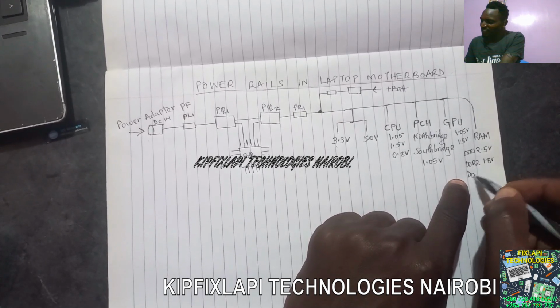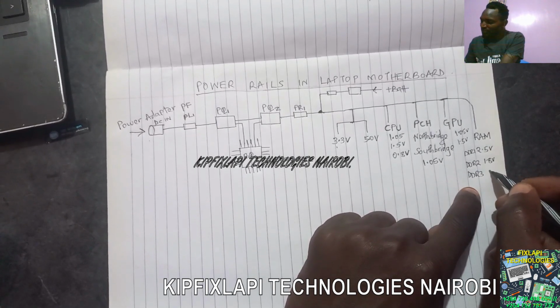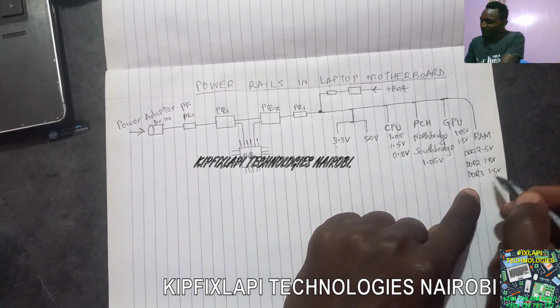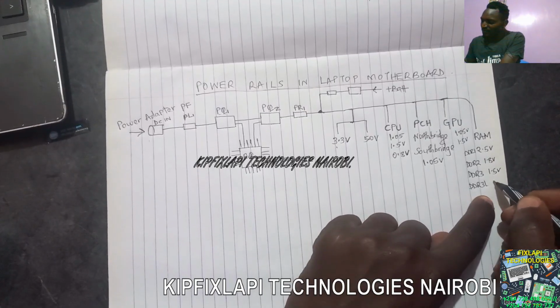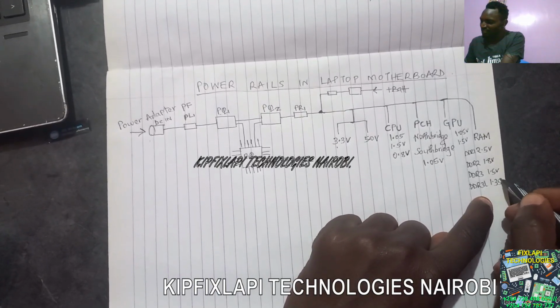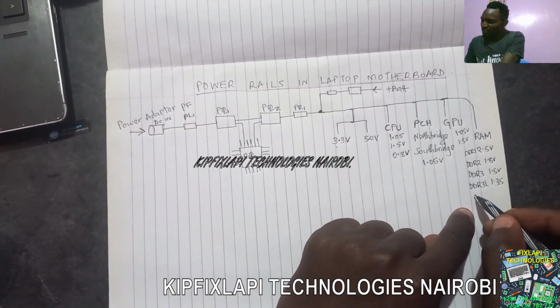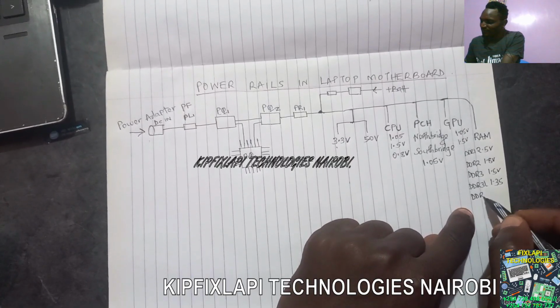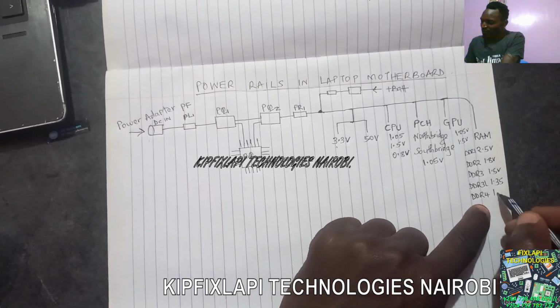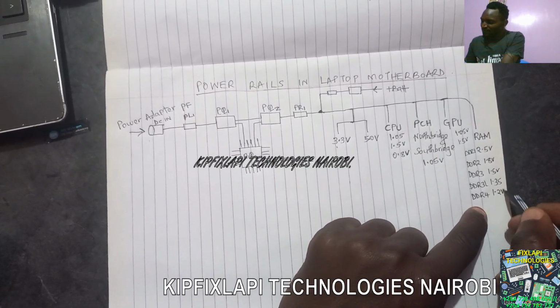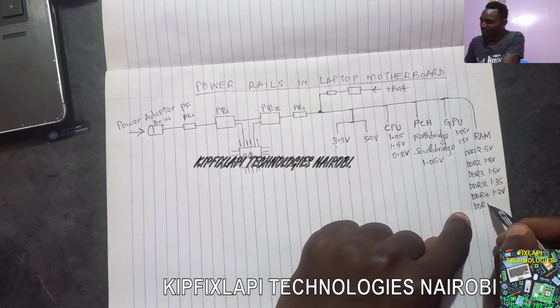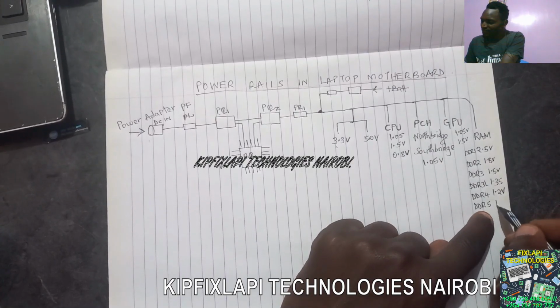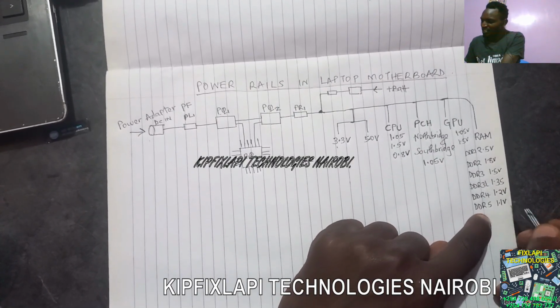If we have DDR3, we expect 1.5 voltage. If we have DDR3L, we'll be having 1.35 voltage. If we have DDR4, we expect 1.2 voltage. And if we have DDR5, this is for the latest machines, we'll be having 1.1 voltage.